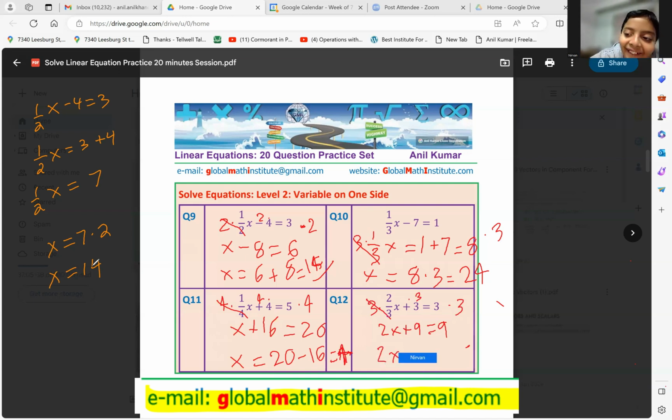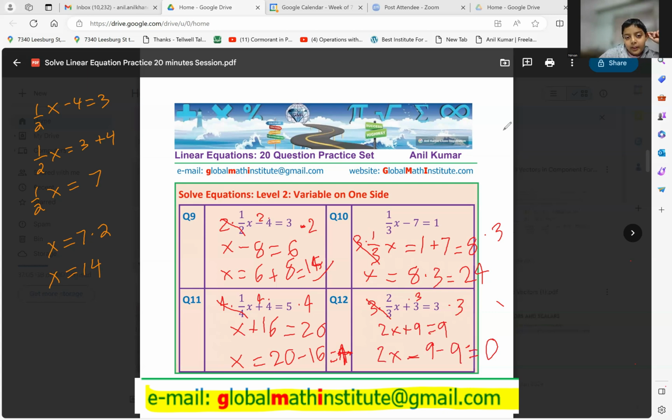So it equals to 9 minus 9 equals 0. So x equals 0. Perfect. So x equals to 0. 0 plus 3 is 3. So it makes sense. So we could have 0 also as one of the answers.